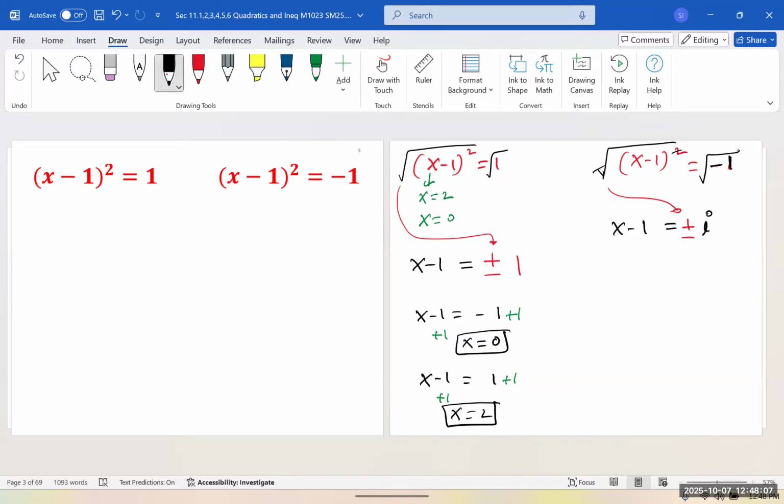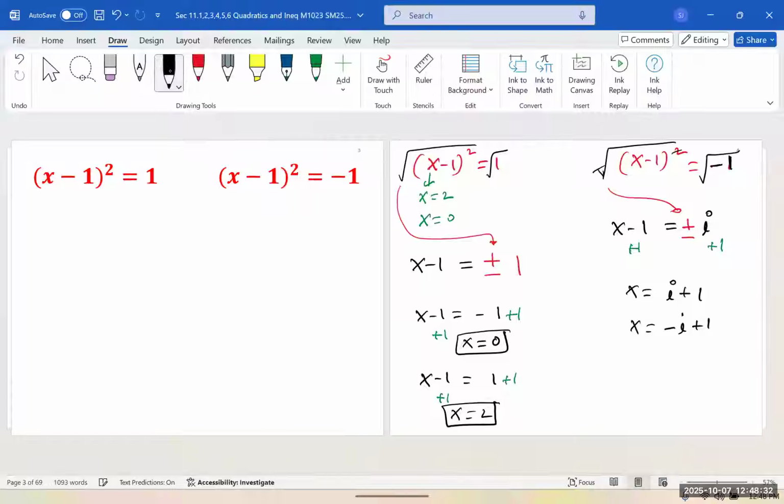So we add 1, sorry. Let me show you this one. We add 1 to both sides. So we get x equals positive I plus 1 and x equals negative I plus 1. But doesn't it look weird?